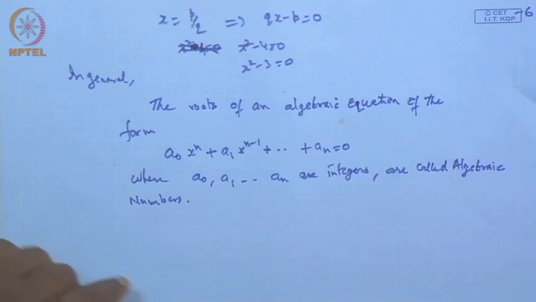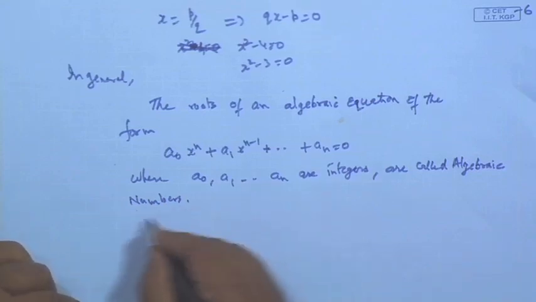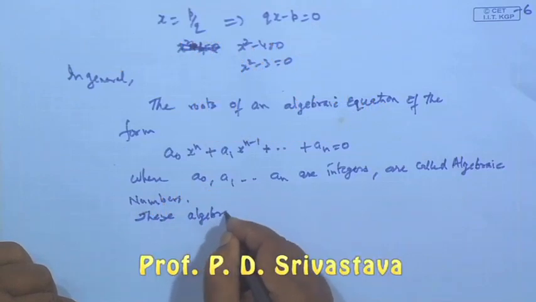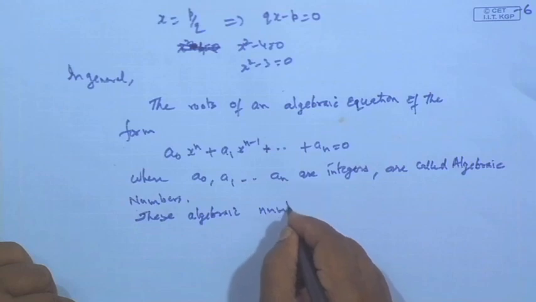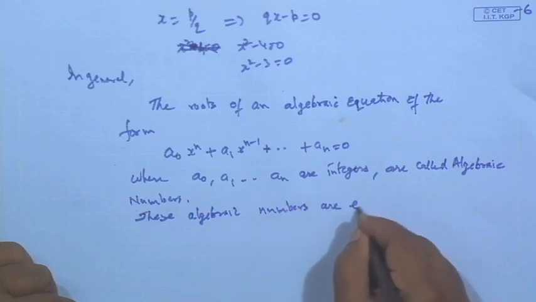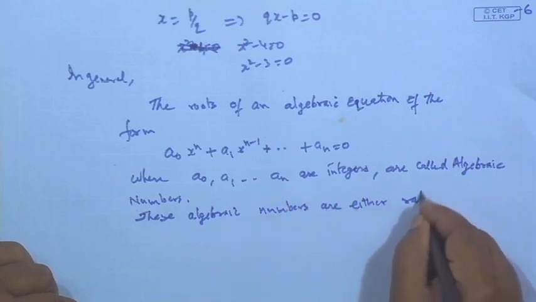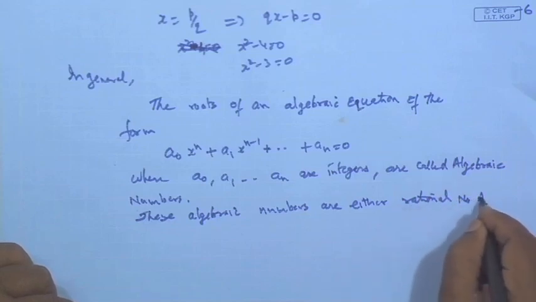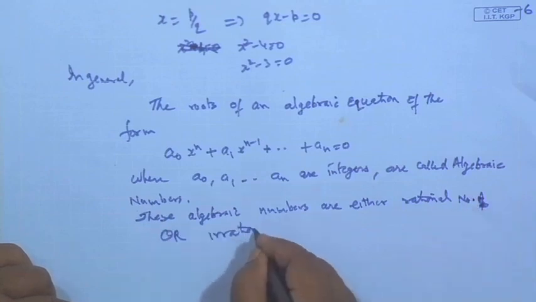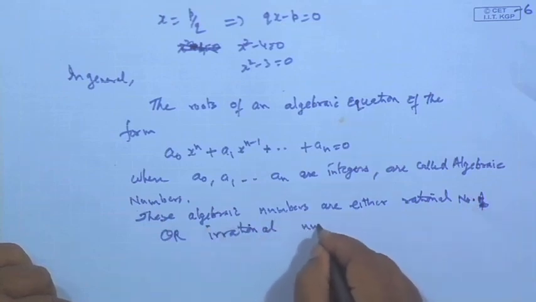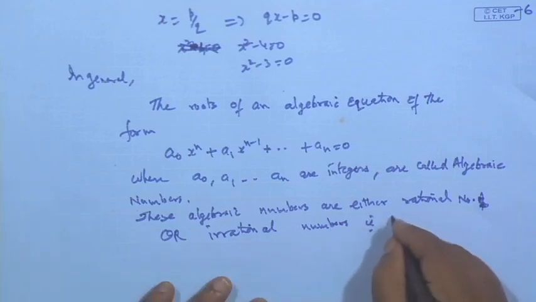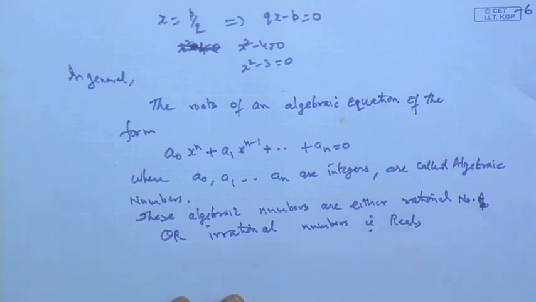These algebraic numbers are either rational numbers or irrational numbers, so basically they are real. The solution of the algebraic equation will give a real number.